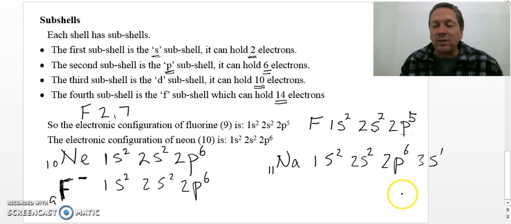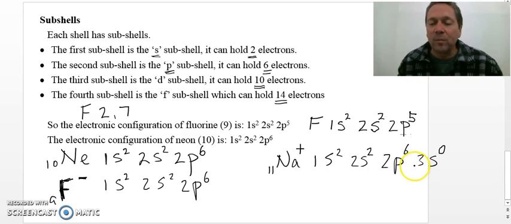But the octet rule says it's better if it's only got 8 in the outer shell. So if it happened to be a sodium ion, we'd have to get rid of 1. So just get my eraser and take off the 1, and there we go. So now the sodium ion doesn't have any electrons in the 3s subshell.